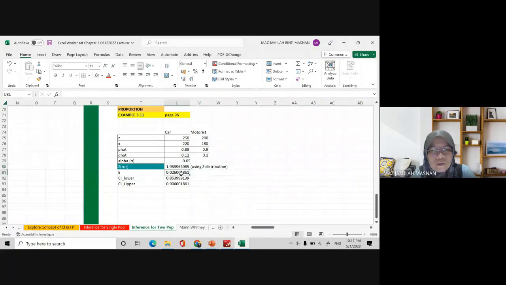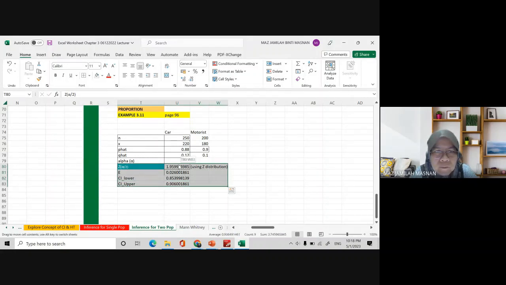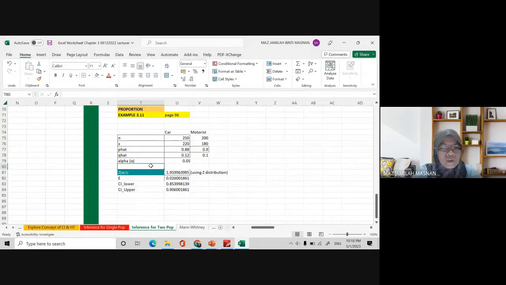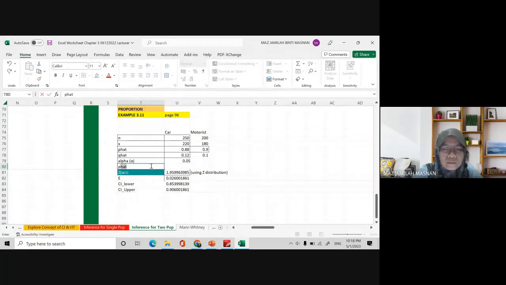So for your margin of error, now, before that, we need to find the difference. Just put one more row for difference. Or you can put it as P hat car minus P hat motorist.